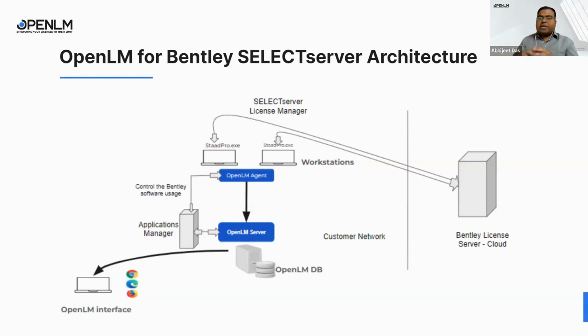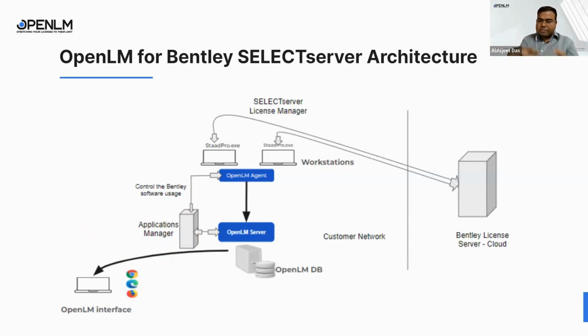So the process name will remain the same for all of these different versions of AutoPipe, but the name will change at feature level. So using OpenLM's Applications Manager here, we can track the usage per application and at feature level. So whether AutoPipe Standard was in use or AutoPipe Premium was in use, we can monitor the usage at its feature level as well.